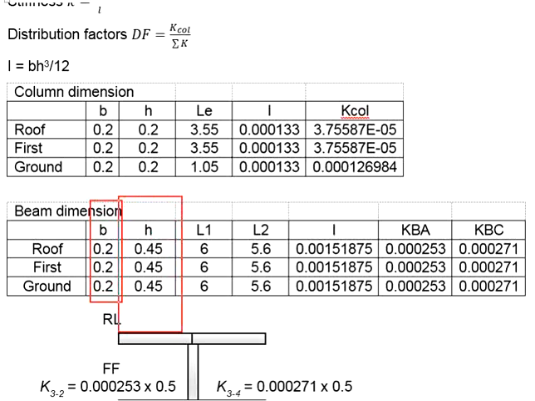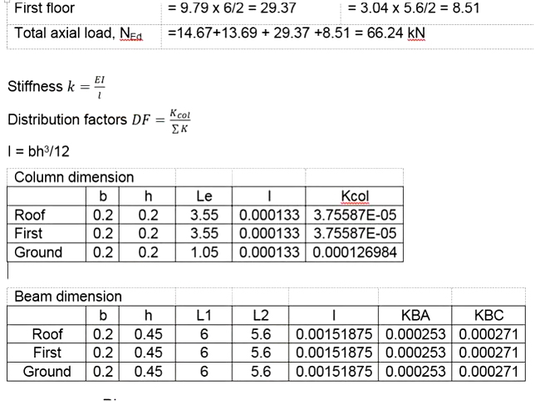B times H to the power of 3 divided by 12, you get the I. Use the formula of the stiffness, 1 times I divided by the L. Now if you are calculating the beam on the right hand side, the L will be 6 meters. That means you get the I divided by L, you get this stiffness. And then use the I divided by L here, you get this stiffness.